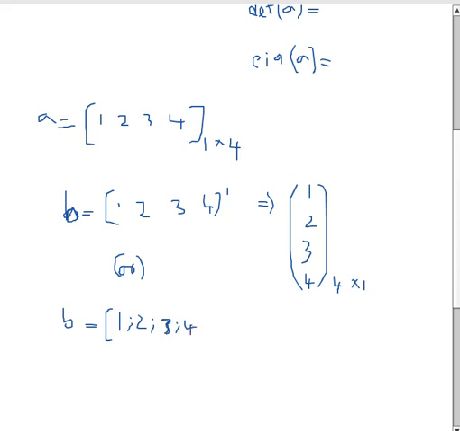So 1 semicolon, 2 semicolon, 3 semicolon, 4, then close the bracket. So this is also a column matrix.